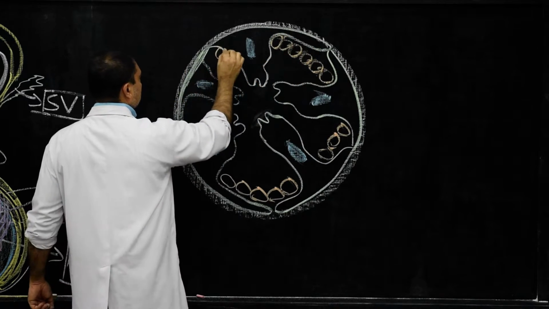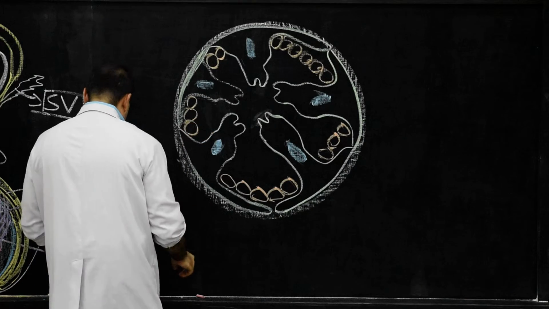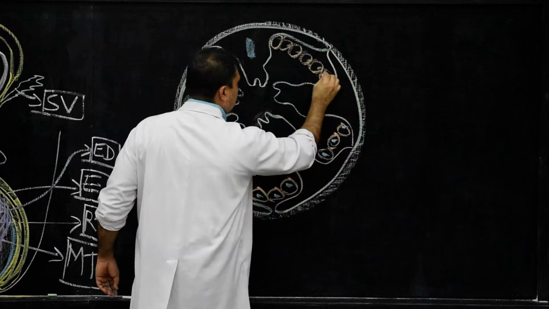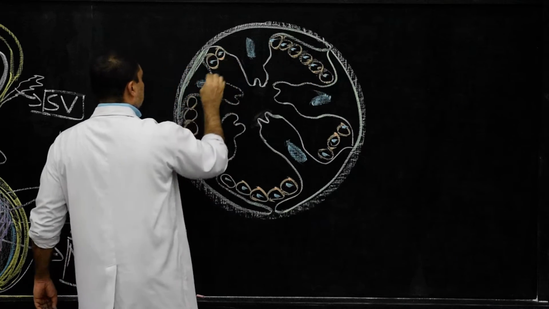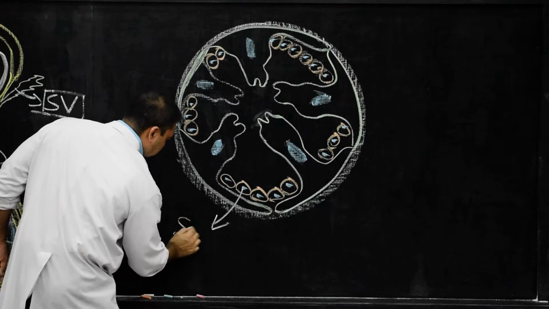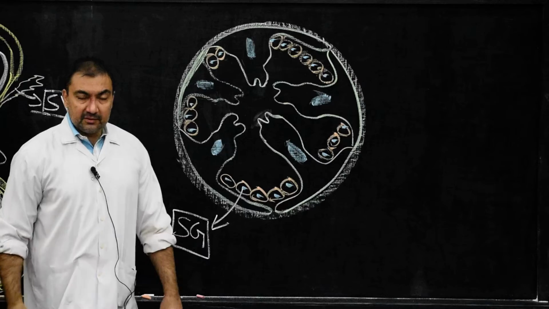After drawing these cells, we put some nuclei inside, and we label them as spermatogonia, the outermost layer in between Sertoli cells.